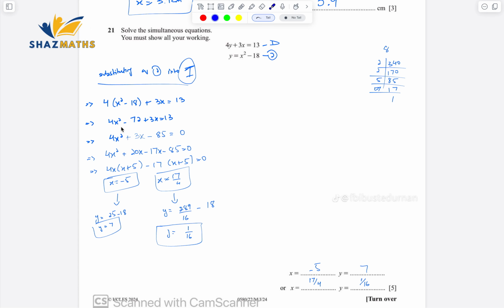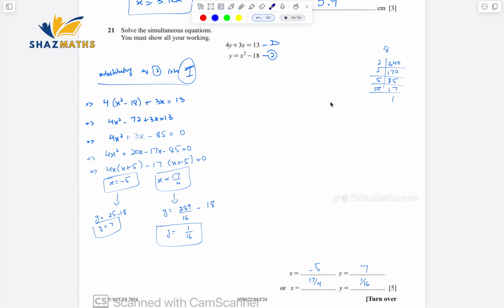Okay, so 4x squared plus 3x minus, that would be 72 and 13, that would be 85, equals 0. Nothing is common. Let's see if I can factorize them. 85 times 4, it's going to be a big number. I'm still giving it a go. So 85 times 4 is 340.